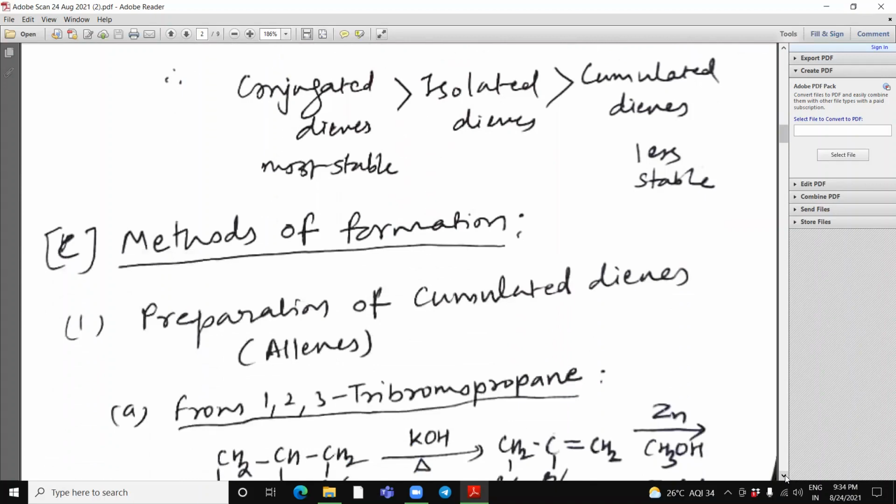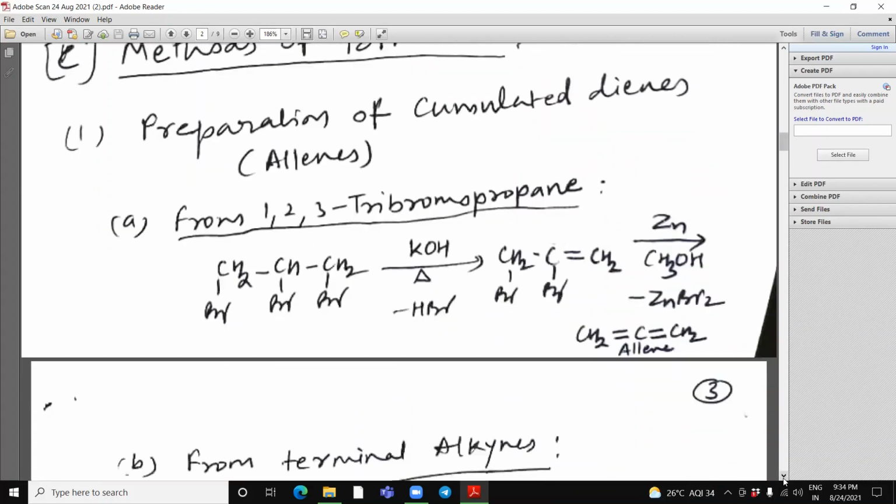Methods of formation. Preparation of cumulated dienes, allenes. It can be prepared from 1,2,3-tribromopropane.